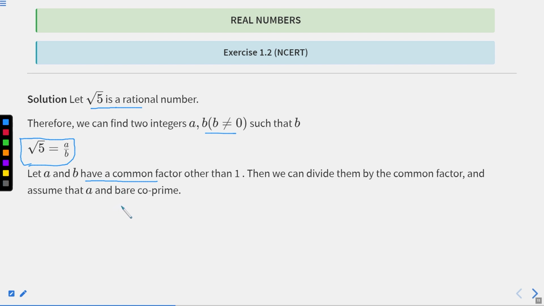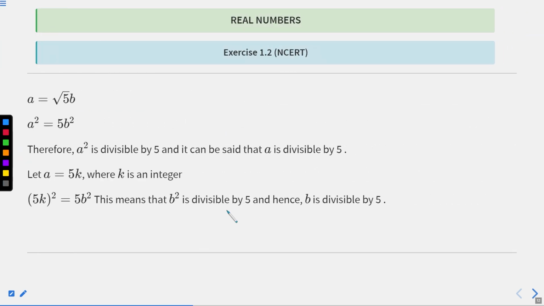That means the GCD of a and b is equal to 1. That means a and b have no common factors other than 1.